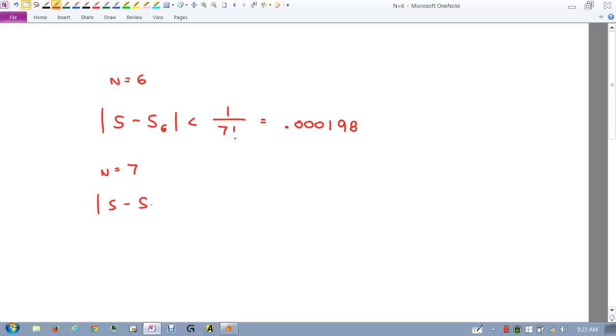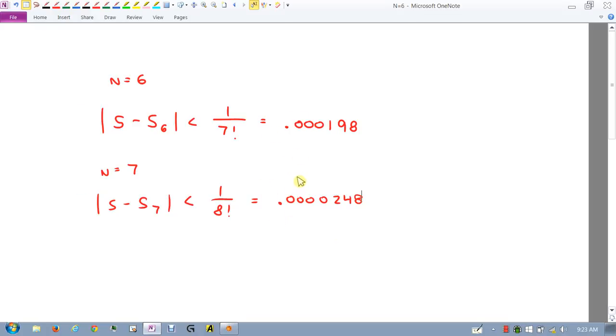S 7 is less than 1 over 8 factorial. And what is 1 over 8 factorial? It's smaller than that number, right? See?